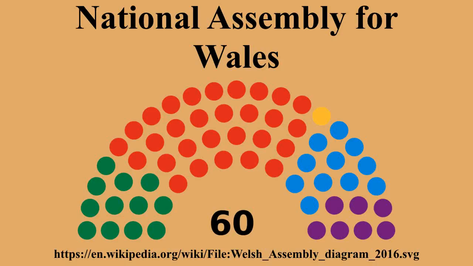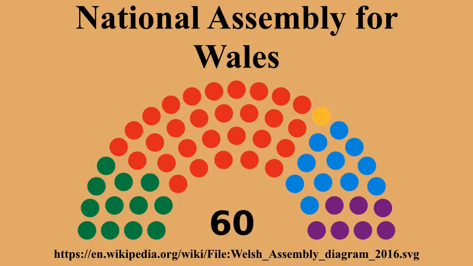Devolved areas. The National Assembly for Wales has the competence to pass bills for acts of the Assembly in 20 subjects outlined in Schedule 7 of the Government of Wales Act 2006.